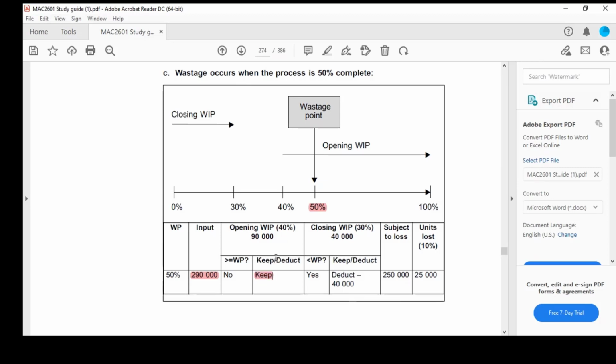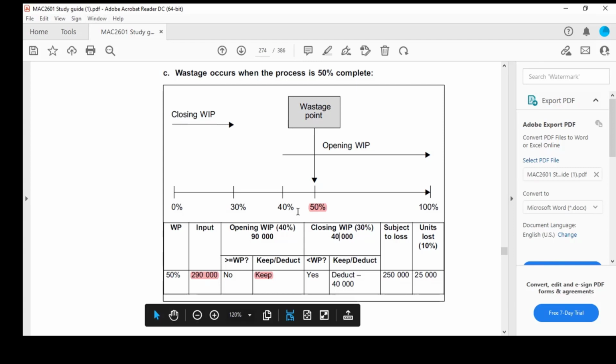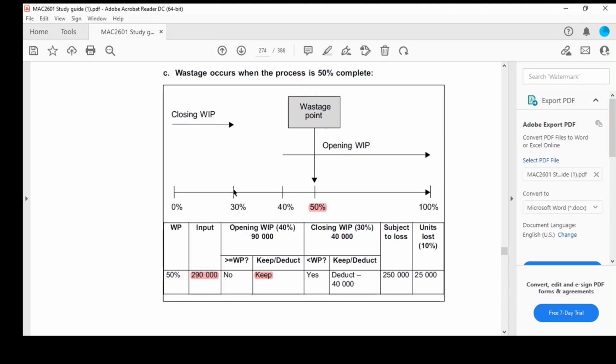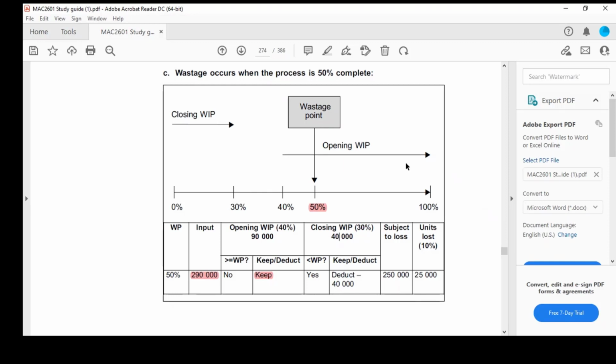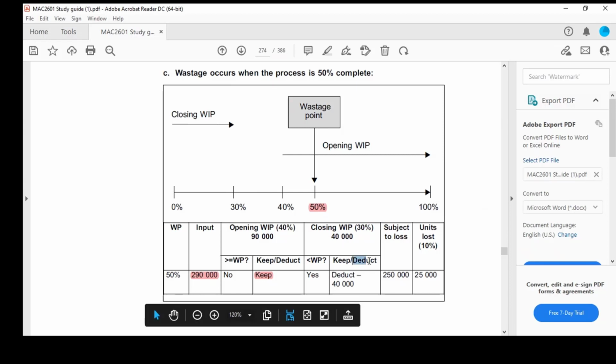Closing WIP is 30% into the production. Is it before the wastage point? Yes, it's less than the wastage point. So as a result, you have to deduct it from your inputs.